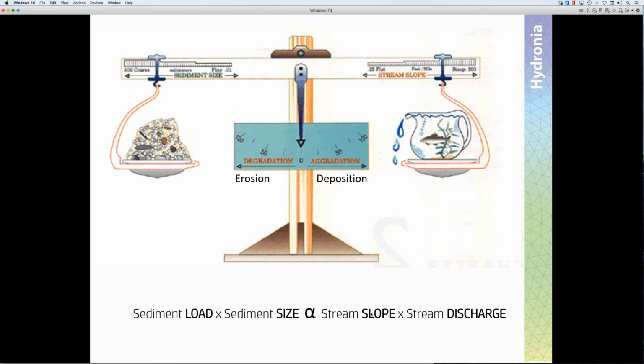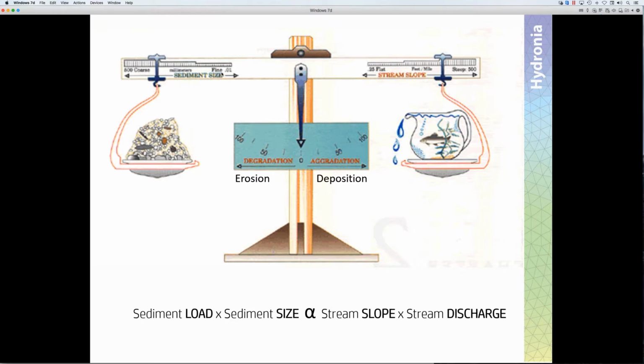Now, there is a commonly used diagram or example that is called the Lane diagram, where you can have all the main factors that affect the erosion and deposition patterns.